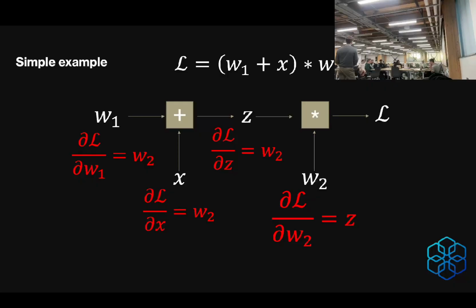We have it on the board. Yep. And with respect to W1, right? So it just passes on the gradient. So with summation, the gradient is just going to be equally passed on to the elements doing the summation.